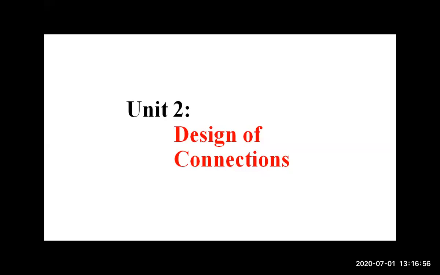Various connections are available for joining members. In RCC structures, we generally connect members by casting them in situ. If we construct an RCC building, we prepare the framework and we cast concrete, preparing the concrete on site and casting inside only.